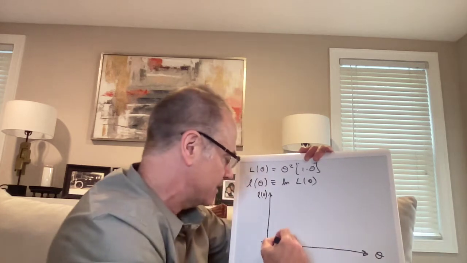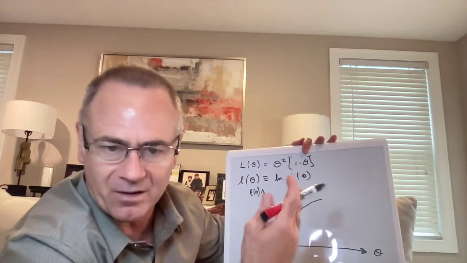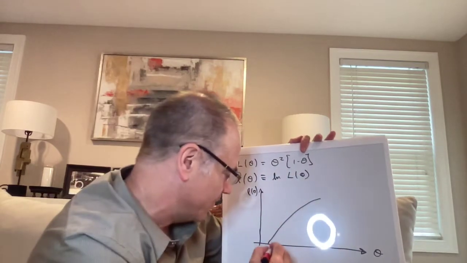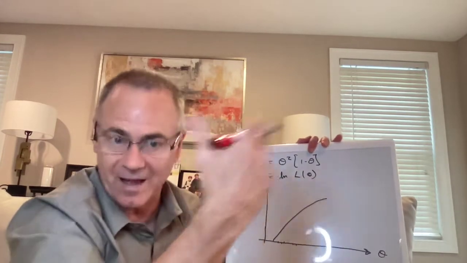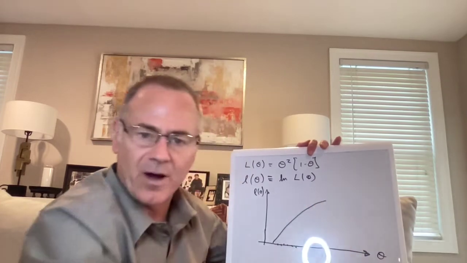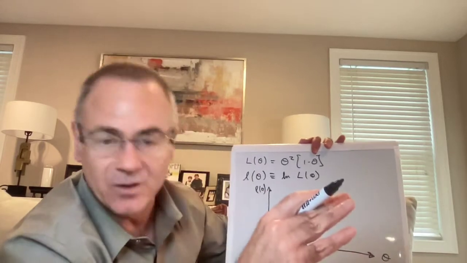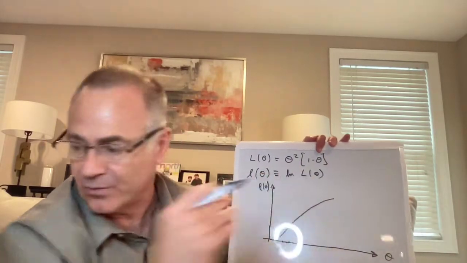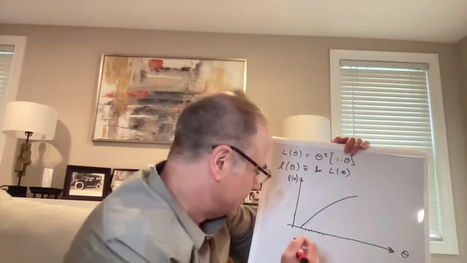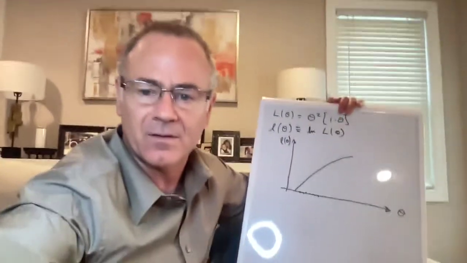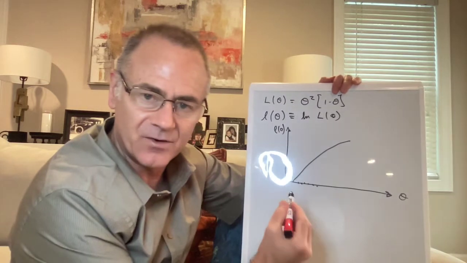Suppose we feed it a few values of theta and tell the computer to spit back out what l of theta is, and suppose we get a graph of a line. If we've done that, we can calculate what's called a numerical derivative. You have to remember from freshman calculus the definition of a derivative.